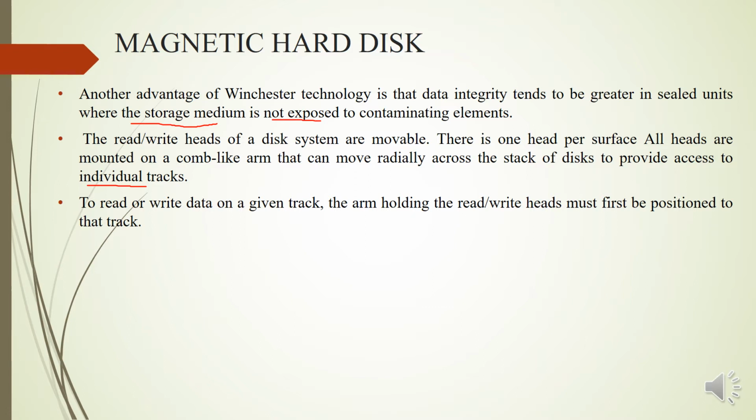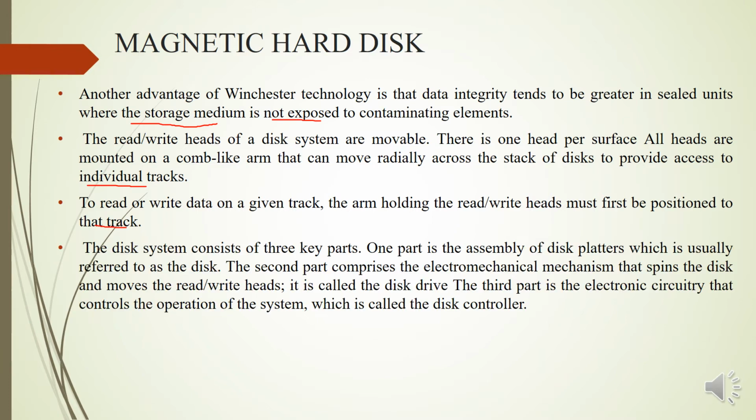The disk system consists of three key parts. One part is the assembly of the disk platters, which is usually referred to as the disk. The second part comprises the electromechanical mechanism that spins the disk and moves the read or write head, and it is called the disk drive. The third part is the electronic circuitry that controls the operation of the system, and it is called the disk controller.